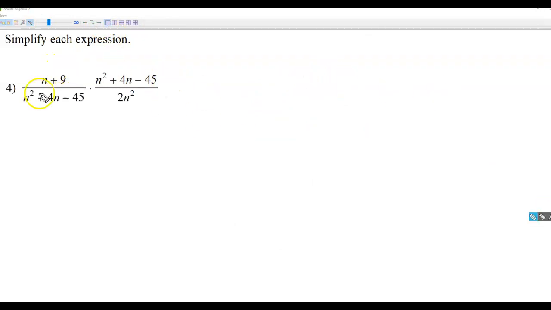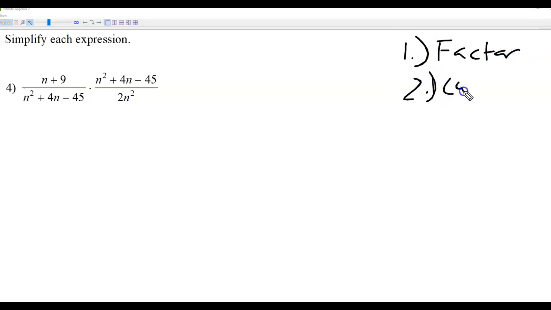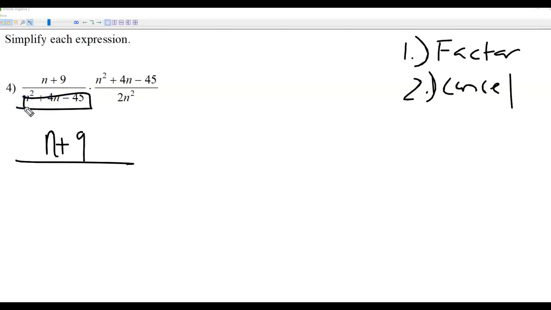When you're multiplying two rational expressions, the steps are actually the same as the last one. We're just going to factor everything that can be factored, and then we're going to cancel anything that can cancel. So let's go ahead and take a look here. We have n plus 9 over... Now this bottom one we can factor with the box method, so I'm going to do that over here on the side really quick.